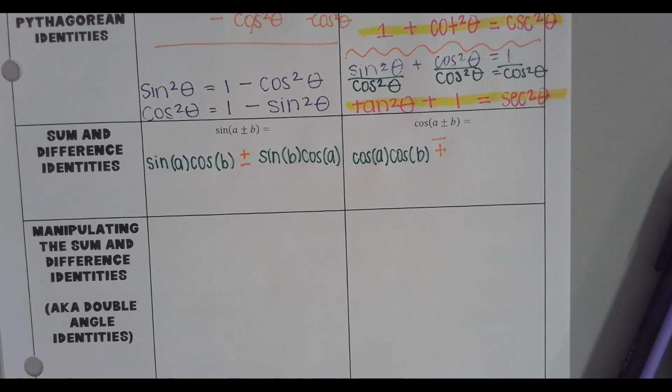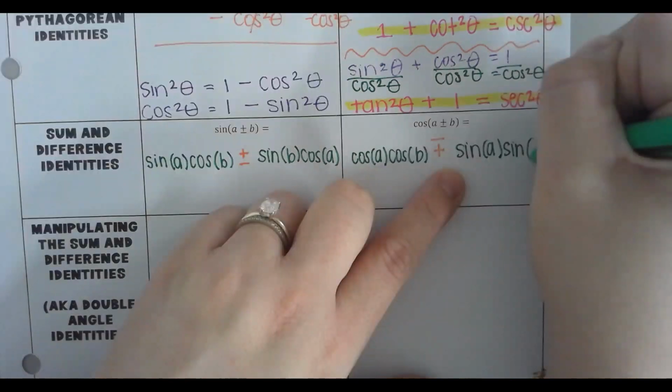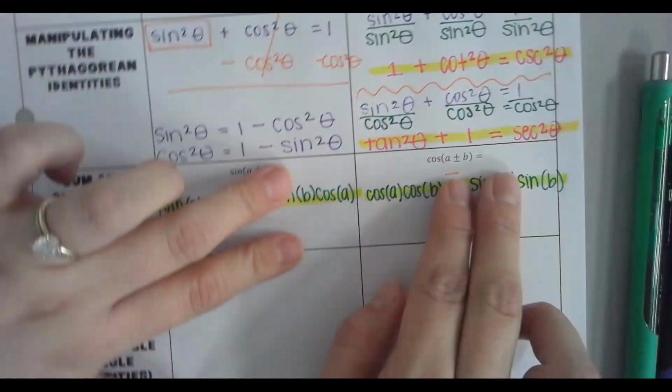Notice how those signs flipped. And then it's sine A sine B. Cosine A plus B is cosine cosine, sine sine. I would memorize those two.